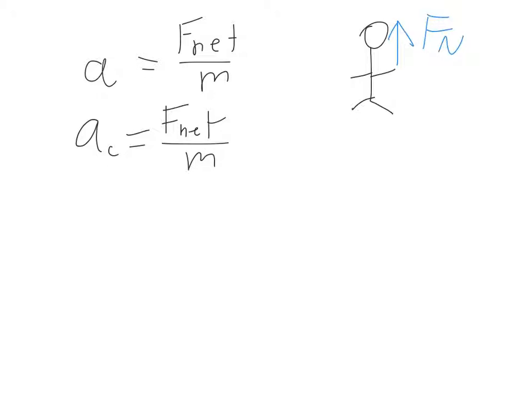And we saw from class that the centripetal acceleration is dependent upon the velocity of the object squared divided by the radius of the circle. And that will be equal to the net force pointing towards or away from the circle.